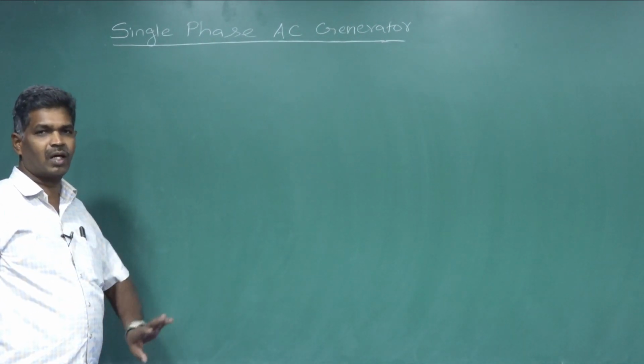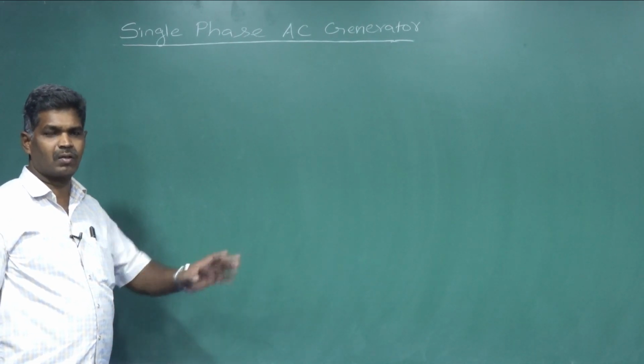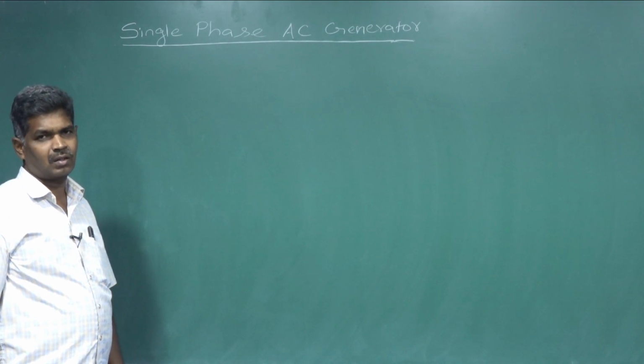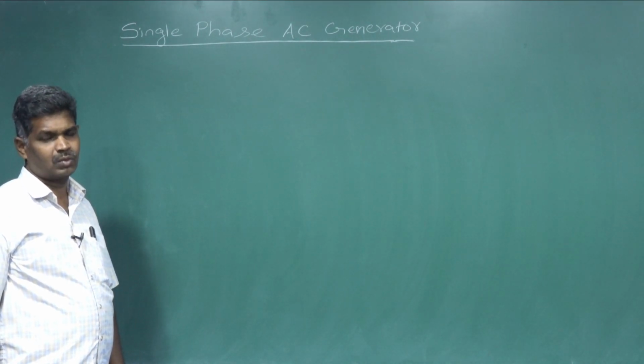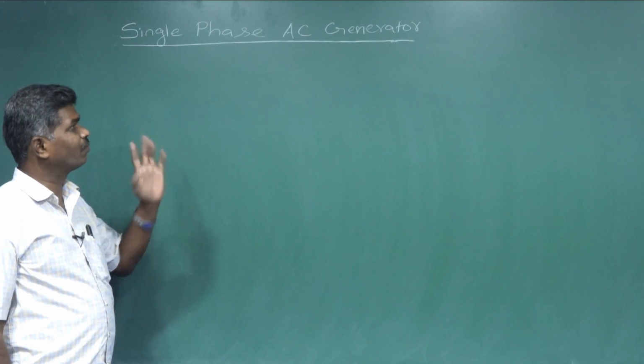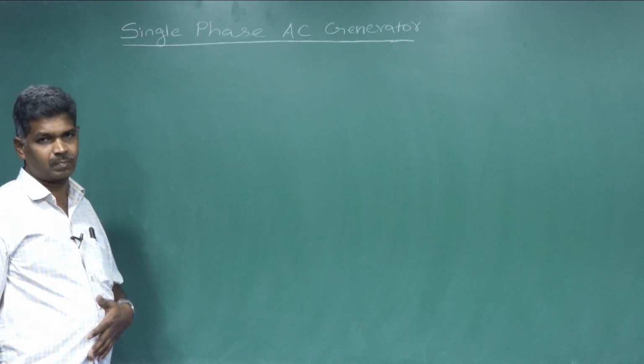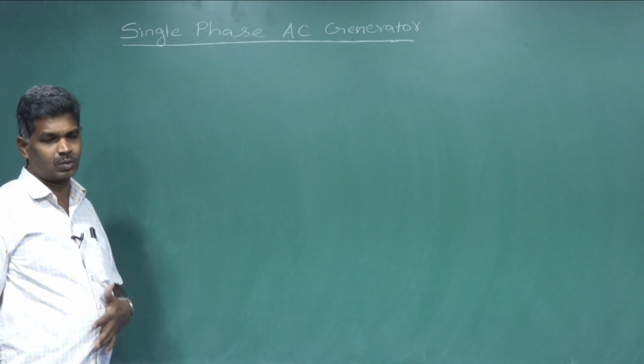So there we have main parts of our AC generator. One of the main parts is the armature. In our single phase AC generator, we have only one armature conductor.